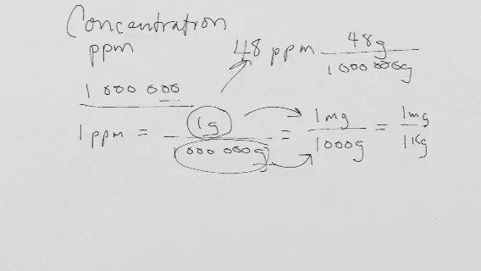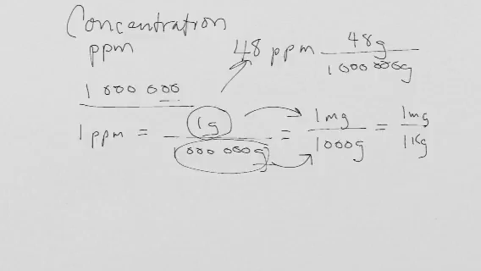Instead of 1,000 pieces of cake, let's say you had 1 million pieces of cake and only 48 of that million were chocolate cake. The rest were vanilla. That would be the same thing as saying you've got 48 ppm of chocolate cake in a sea of 1 million pieces of cake.